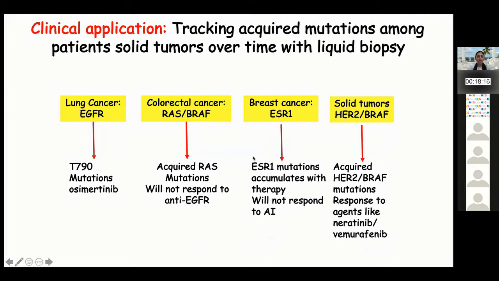We know patients who have RAS, BRAF wild-type disease can eventually acquire a RAS mutation. Similarly, in breast cancer patients, lung cancer patients, and other patients with solid tumors, you have those acquired mechanisms of resistance where there are targeted agents.